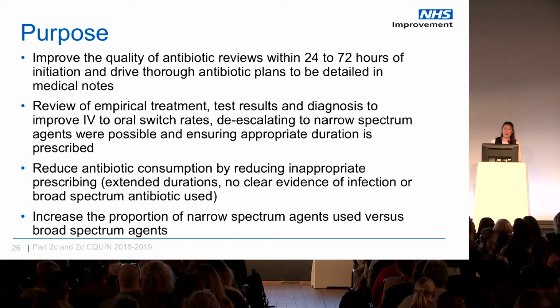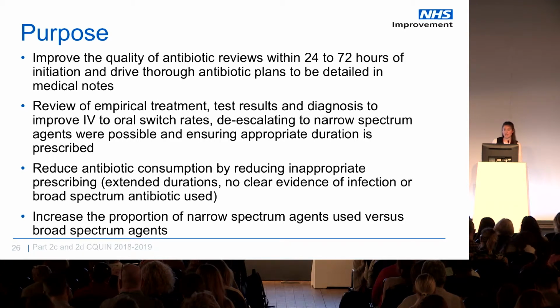So the AMR part of the CQUIN, as Celia's already mentioned, works in conjunction with the sepsis sections of the CQUIN, so 2A and 2B. But also we've been linking in with the work that Public Health England, NHS England and RHI have been working on, which is reducing inappropriate prescribing by 50% by 2021.